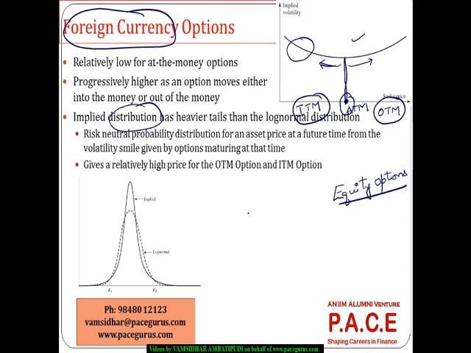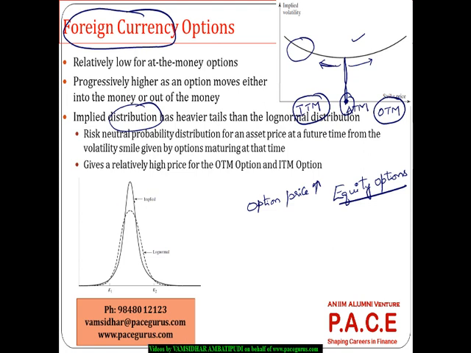If the implied volatility is higher, the option price or premium is going to be higher. So the option premium is higher as the option goes more and more in the money. Similarly, the option premium is higher as the option goes more and more out of the money.